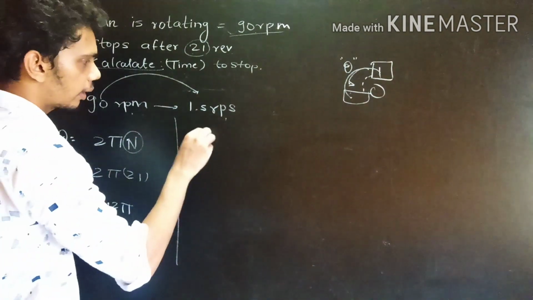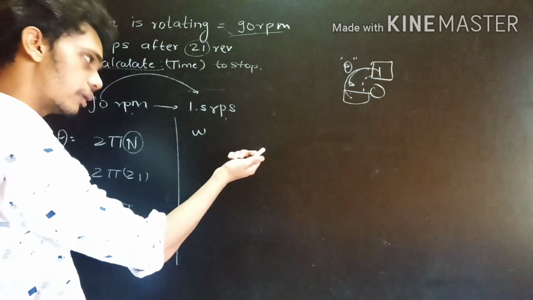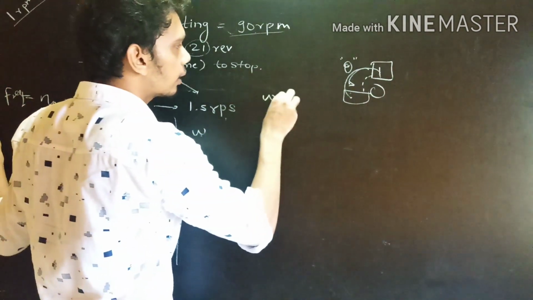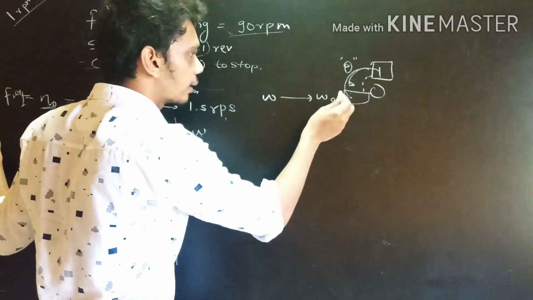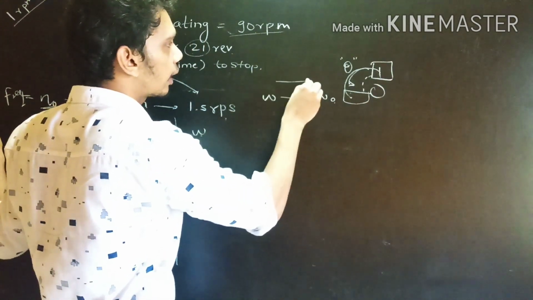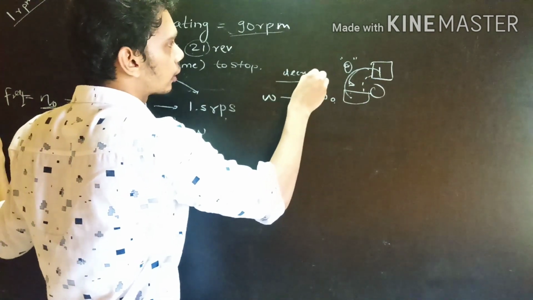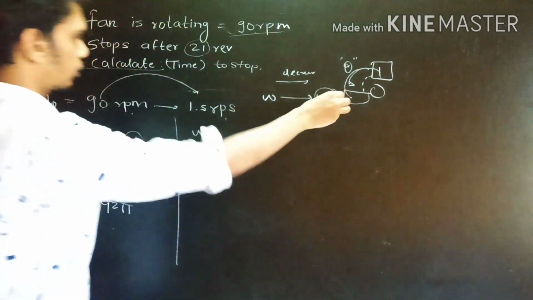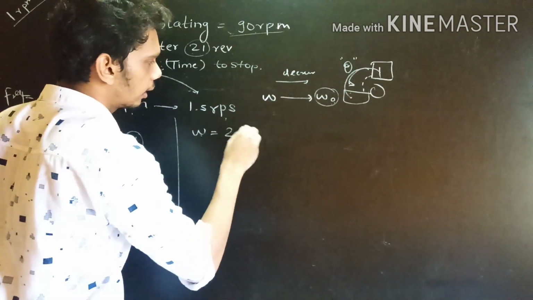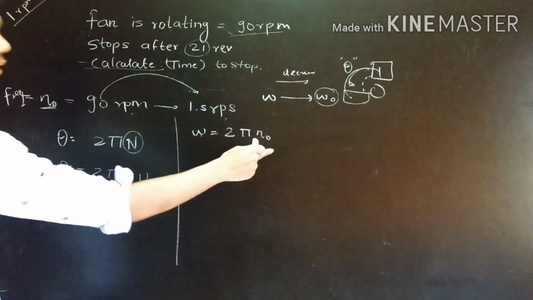Then omega. What is omega here? Angular velocity. We are going to talk about that. Earlier it is omega, now it is going to be omega 0. Why 0? Because the fan is going to stop. So what is happening to the speed here? It is decreasing, so its value will become less. So consider it as omega 0. So omega is 2 pi n0. Frequency we are going to talk about.